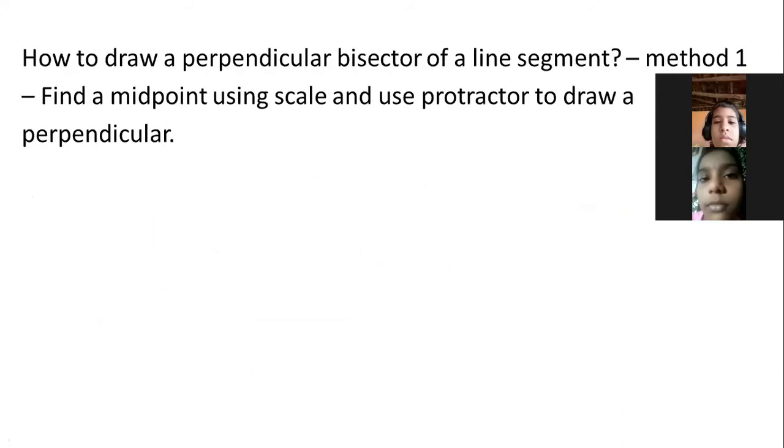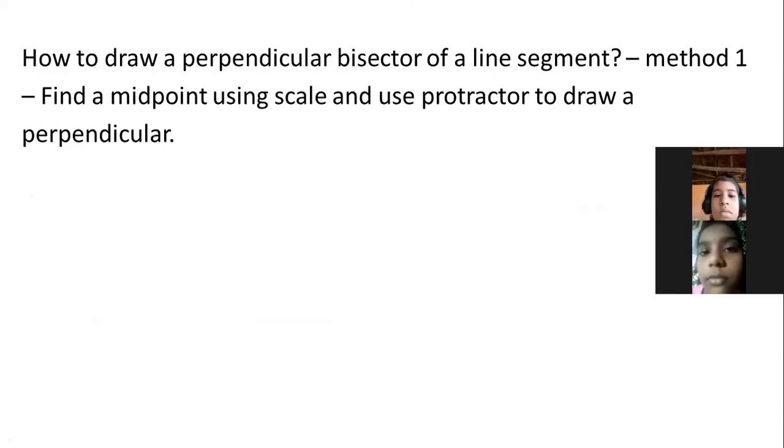Next slide, 22. Method 2, using a compass, we create a rhombus with the segment as one diagonal and draw its other diagonal. Slide number 23. So that's what we did.